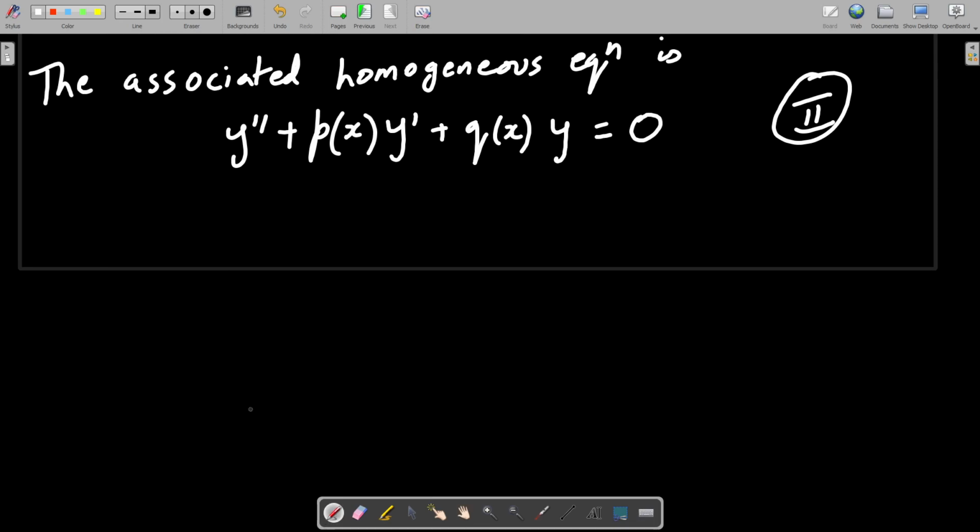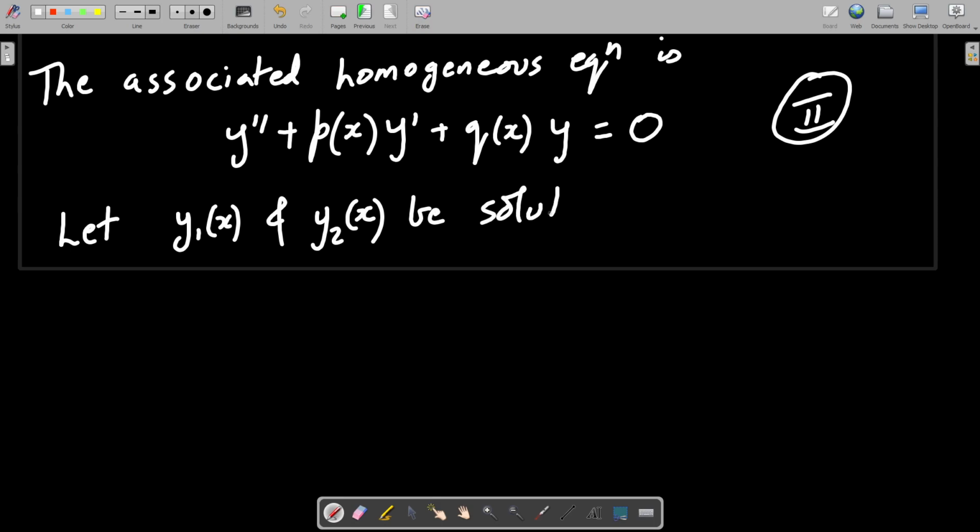So let y1 of x and y2 of x be solutions of equation 2.